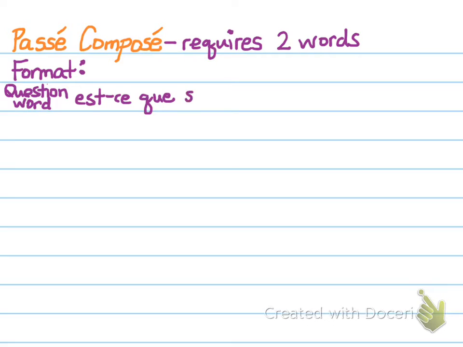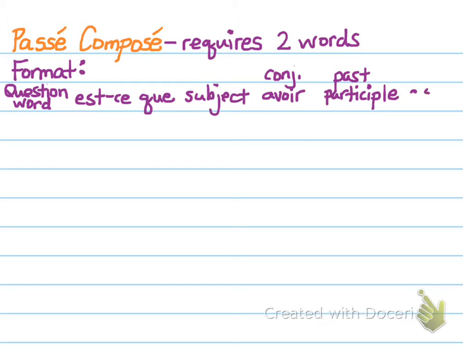Then we're going to have our subject, our conjugated form of avoir, our past participle, and then our dot, dot, dot for whatever else is in that sentence.